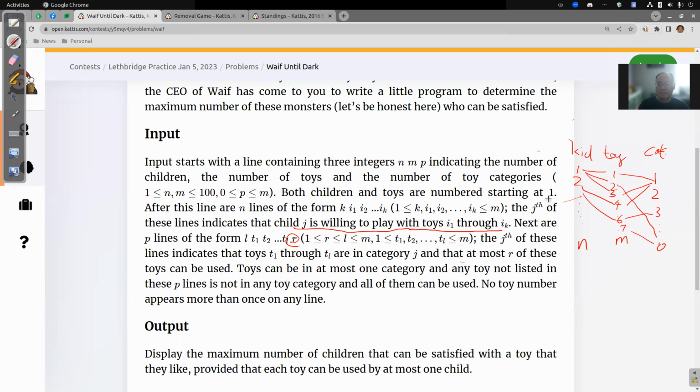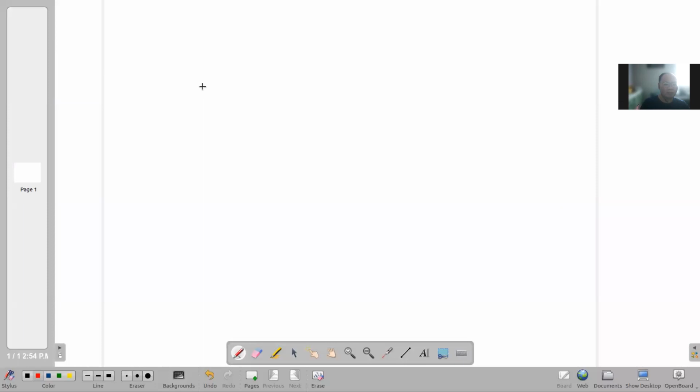The idea is, let me just go to my board. So you have kids, you have toys, and you have categories. The kids connect to the toys that they are willing to play with.